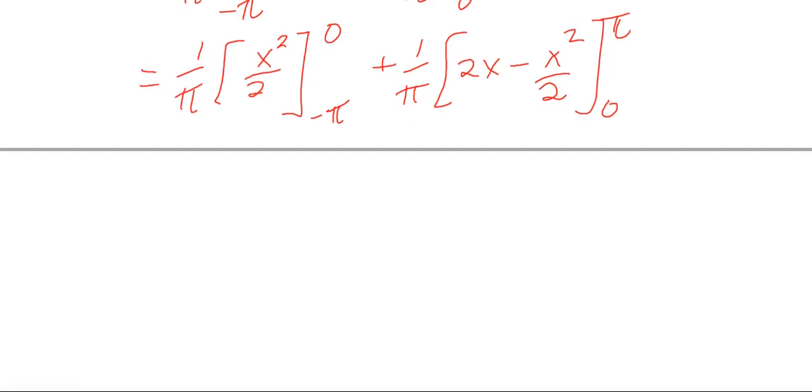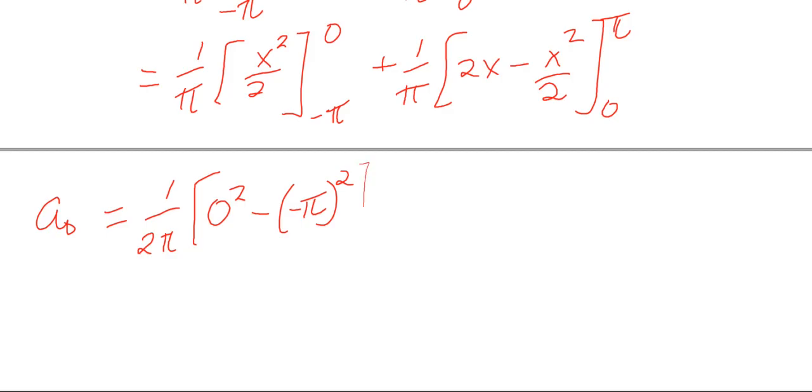In this case, the first value here, we can push the 2 outside, so that we write 2 pi. See that this 2 here can move outside. Then we shall have x squared inside. Then when x is 0, the upper limit, we have 0 squared. And when x is minus pi, we have minus pi squared. Then we have 1 over pi.